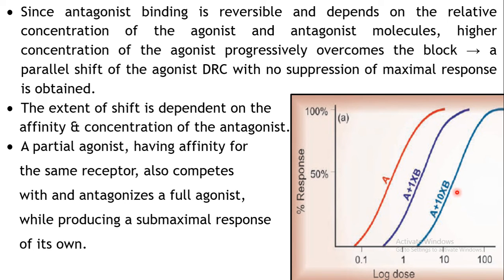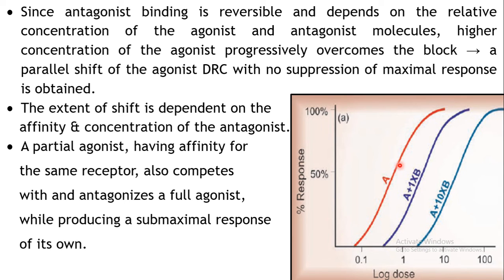But here what has happened? Here we have increased the amount of antagonist. You can see over here, multiplied by 10. So here the concentration of your antagonist has been increased to 10 times. A higher amount of antagonist is present over here. So what has happened to your DRC? It is still shifted towards the right.